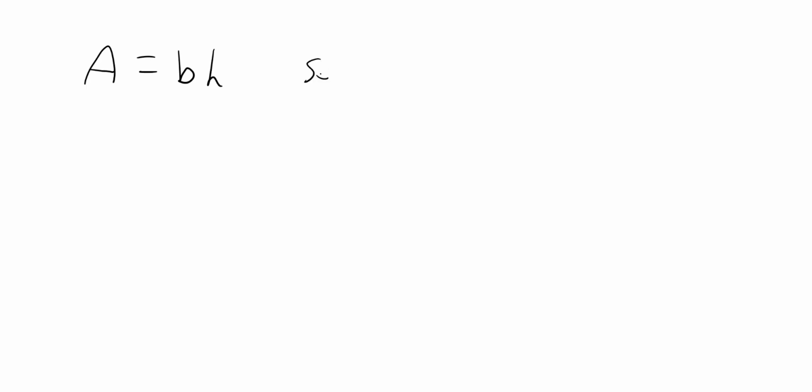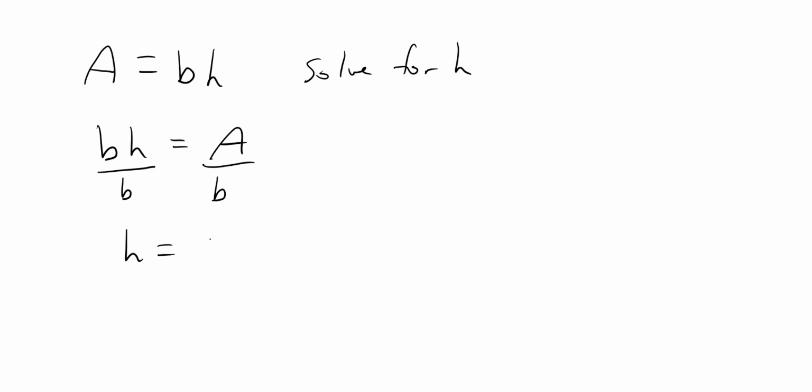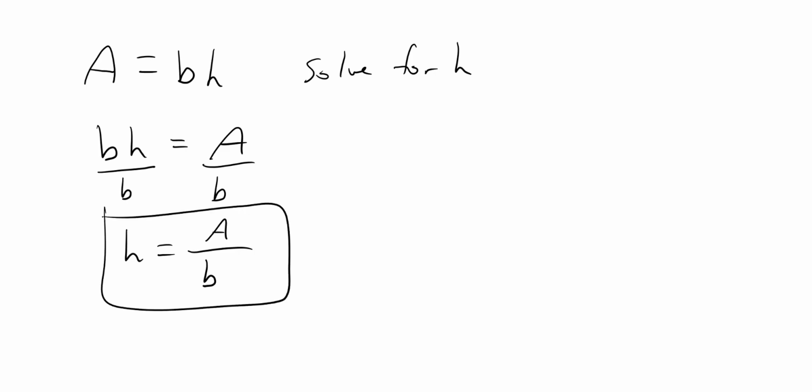So if I said solve for h, well, the first thing you're going to do is you're going to go, BH is equal to A, swap them around, and I want to solve for h. So it's B times h, so I'm going to divide both sides by B. So h equals A over B. That's it. That's the answer to that. Okay, not bad.